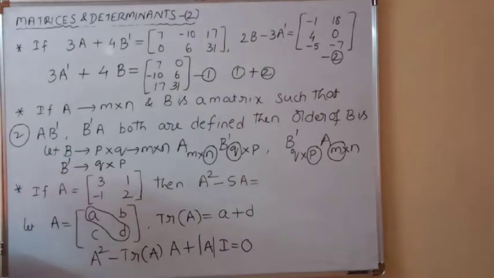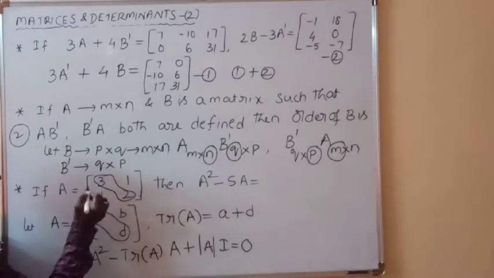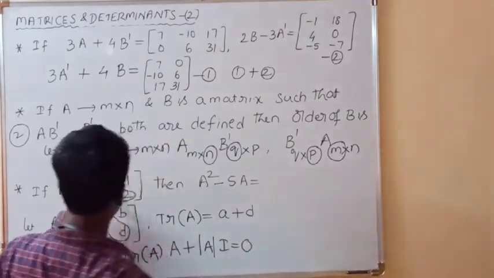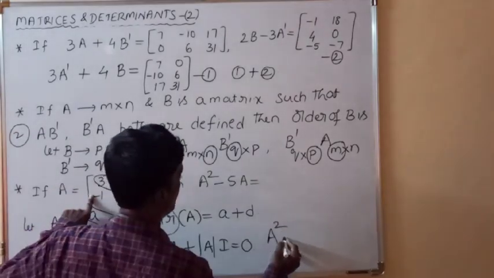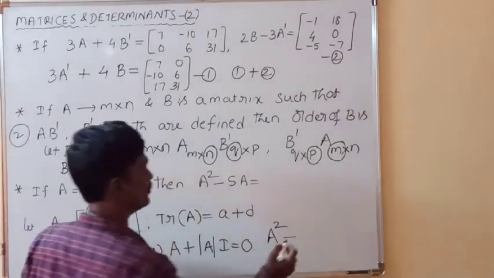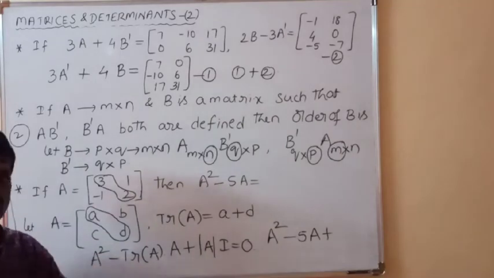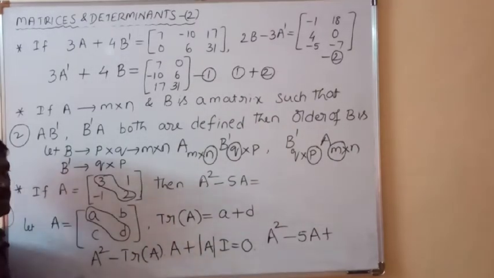Okay. So now here, what is the trace of A? Trace of A is nothing but the sum of the diagonal elements. What is the sum of these two diagonal elements? 5. That means this matrix capital A satisfies which equation? A square minus trace of A, which is how much? 5 into A, plus det A into I. What is det A? 3 2s are 6 minus of minus 1.